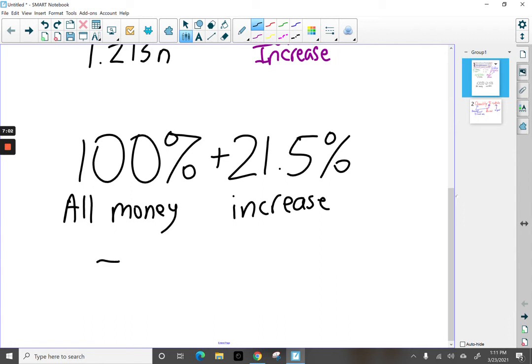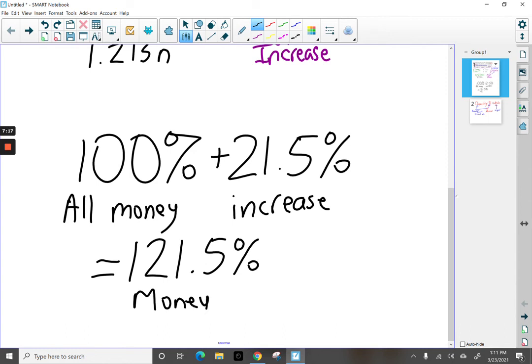So really, how much money is going to be there now? All the money plus even more money gives us 121.5%. That is how much money is in the bank now.